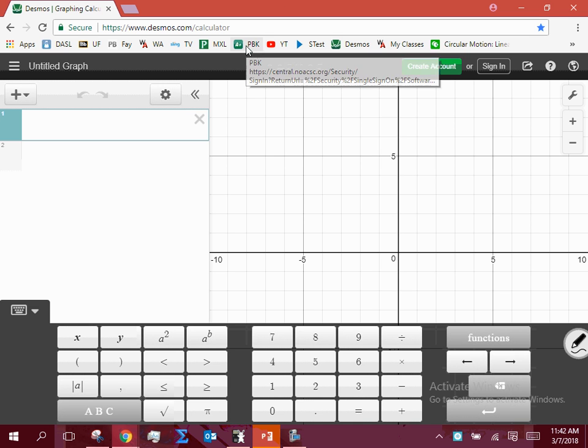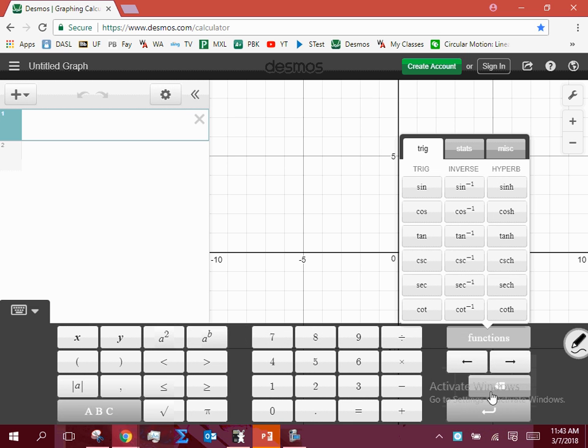Go to desmos.com, DESMOS, and start using this calculator and get a comfort level with it, because April 16th, when you take the end of course exam in here, that's the version of the calculator that you're going to be using, okay? So I want you to be pretty good at that, and understand how to navigate through and use it. So that being said, the next couple sections, I'm going to force you to use this in class because we need these buttons, okay, sine, cosine, tangent, which will be nice, okay?